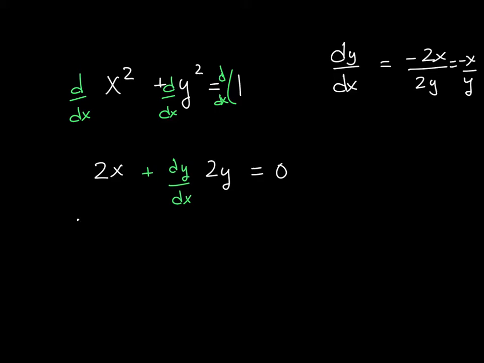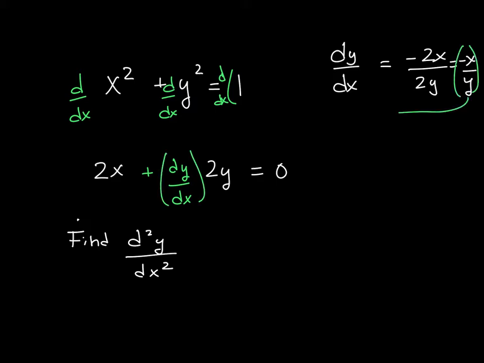I want to find d squared y, the second derivative of y, with respect to x. Now, in order for me to do that, I need this idea of dy dx is equal to negative x over y. So I'm going to plug that in.